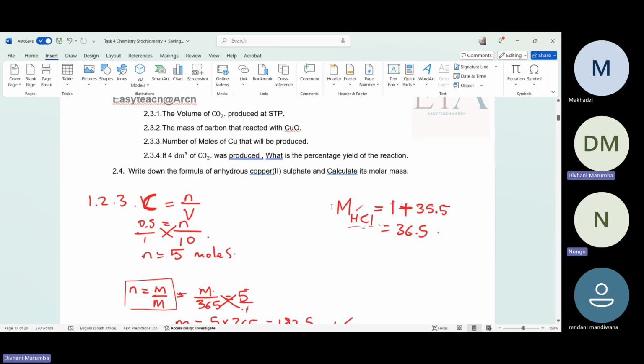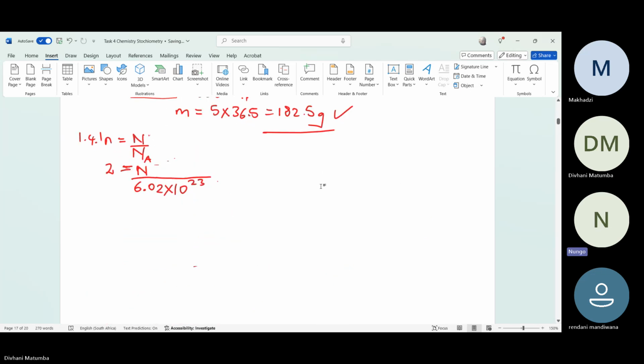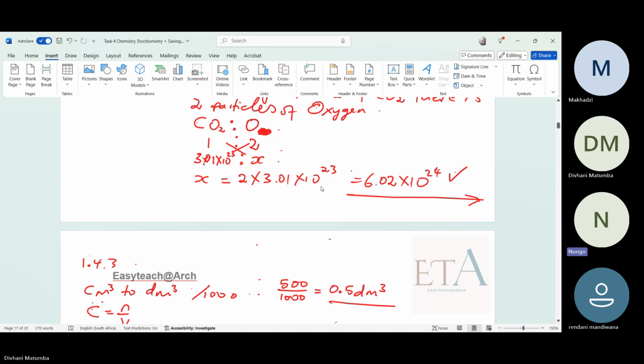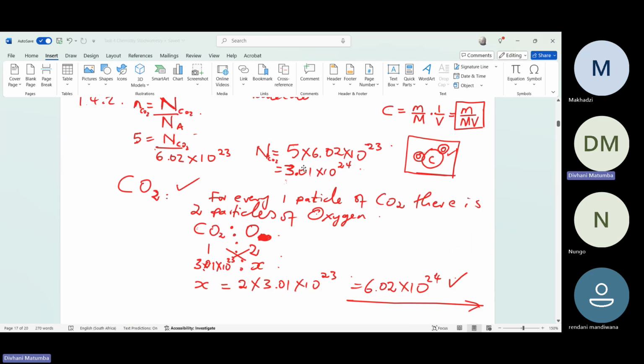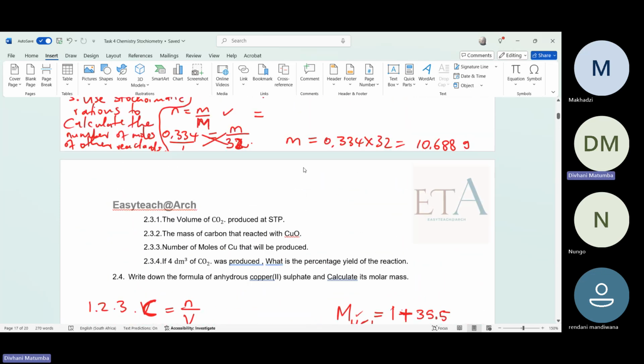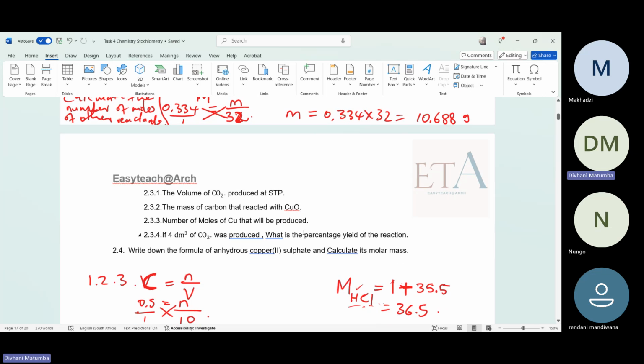No, the mass. Oh yes, we have already done so. Okay, what is the number of moles of copper that will be produced? It will be 0.574 moles. Okay, that's fine, that's very easy work. You just use ratios, Makazi, from the law of fixed proportion.